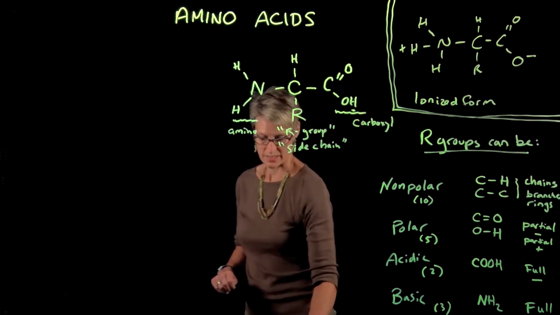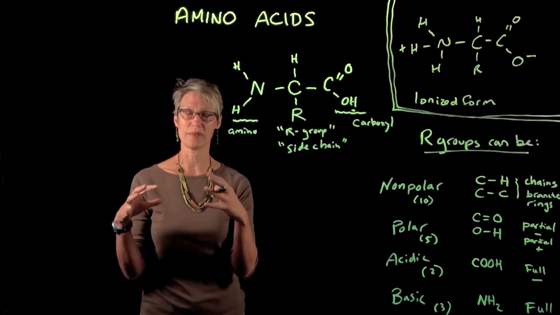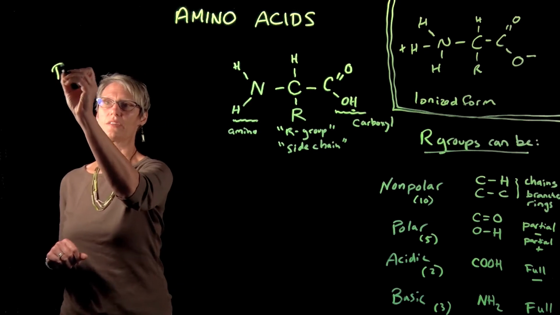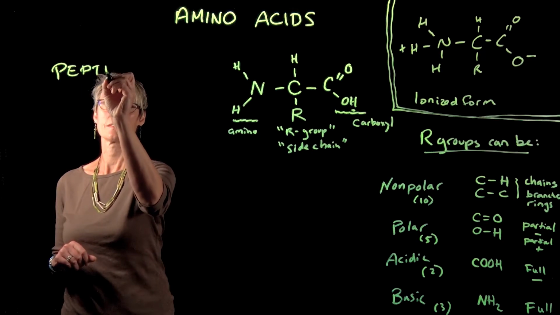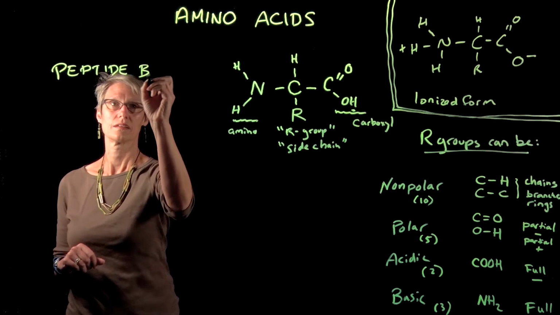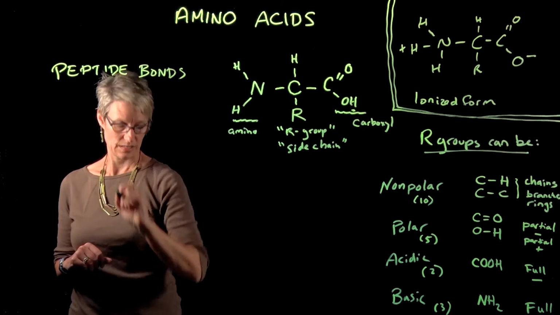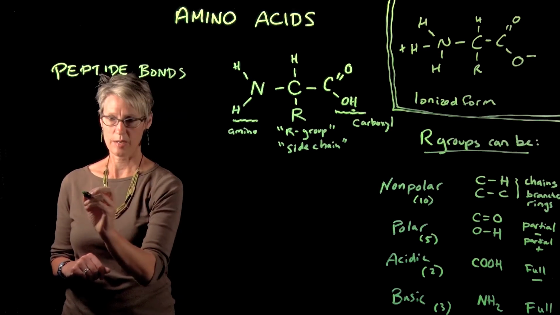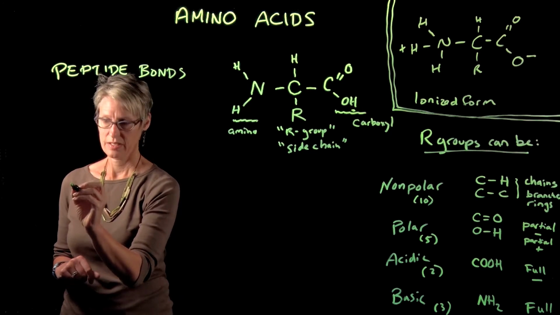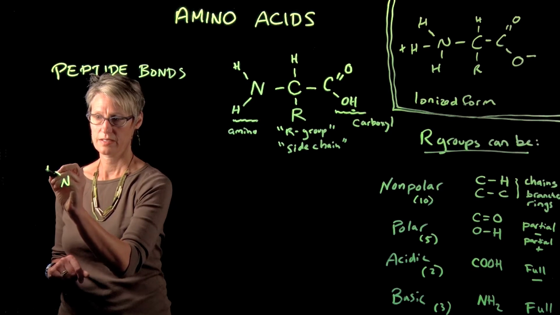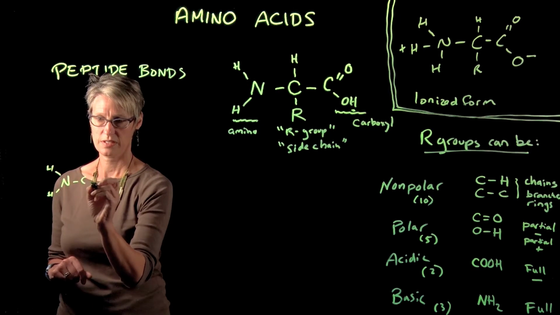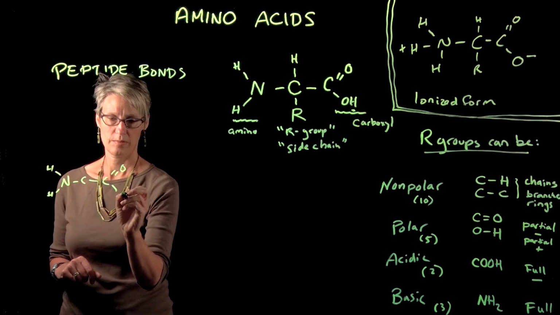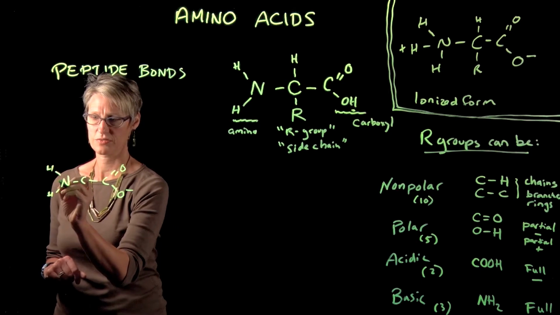Okay, so the next thing I want to move to is how these amino acids are linked together to make the polymer that is a protein. And they are linked together through peptide bonds. I'll draw what that looks like down here. So I'm going to draw a couple of amino acids. Here's our N, H, H, C, C, O. I think I'll draw it in the ionized form.